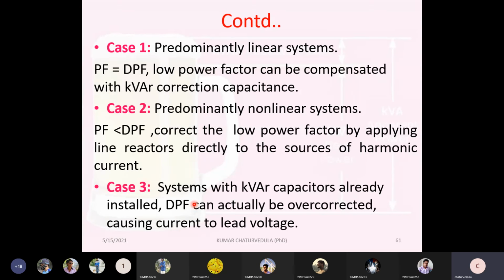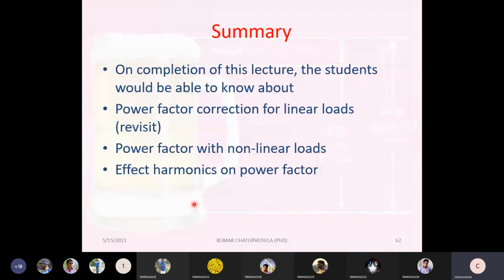And third, in systems where kVAR capacitors are already installed, DPF can actually get overcorrected and cause the current to lead the voltage. So kVAR capacitors are already installed in case 3, and it causes the current to lead.